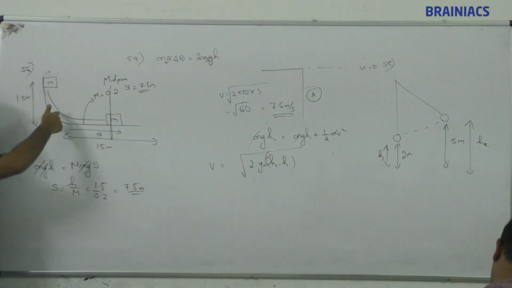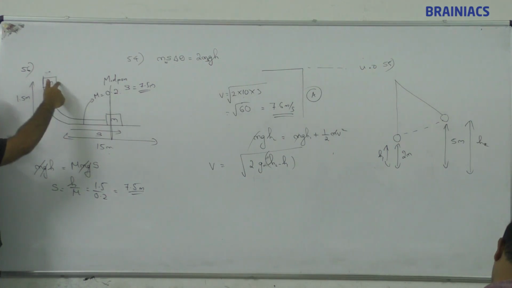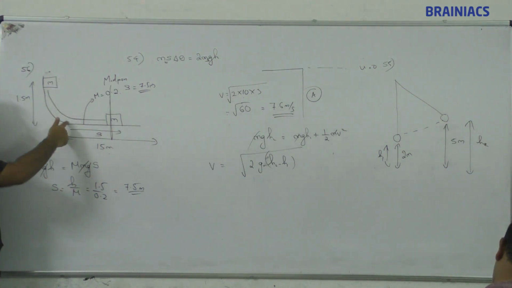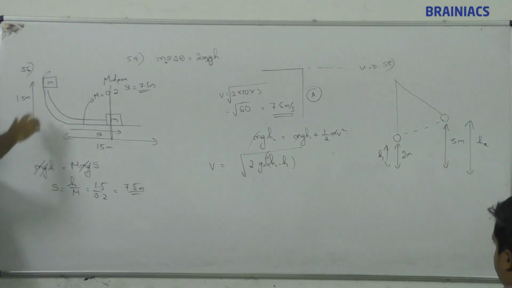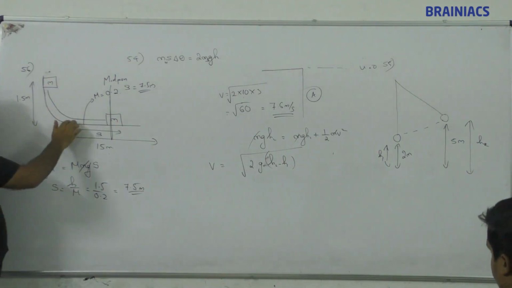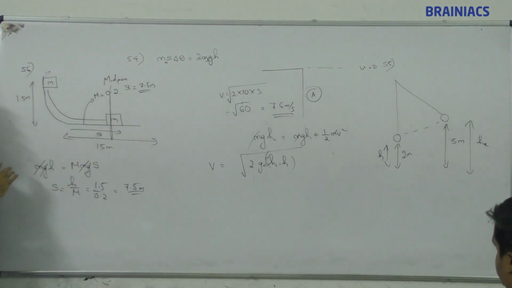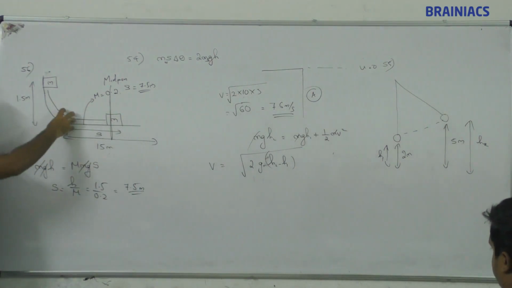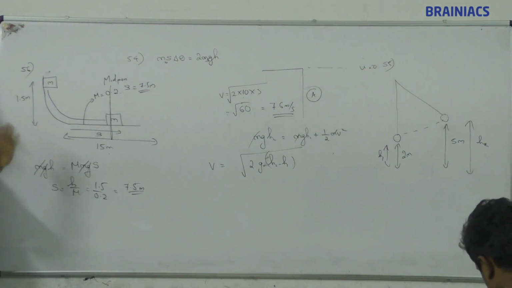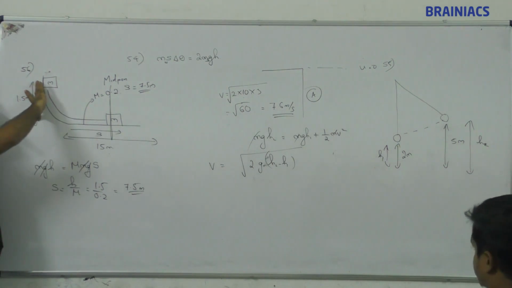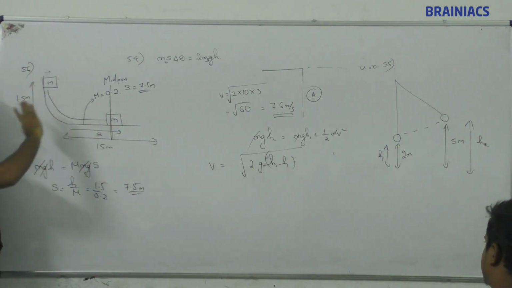It will come down like this. Here the potential energy will be converted into kinetic energy, but after that it will move further. This will convert into full kinetic energy, and then this kinetic energy will be converted into work done by friction. In between we could do something with kinetic energy, but it is not going to help us. So this full mgh will be converted to work done by friction.